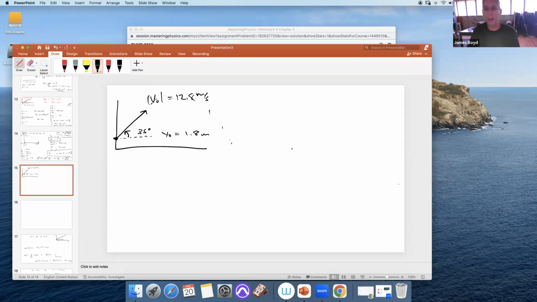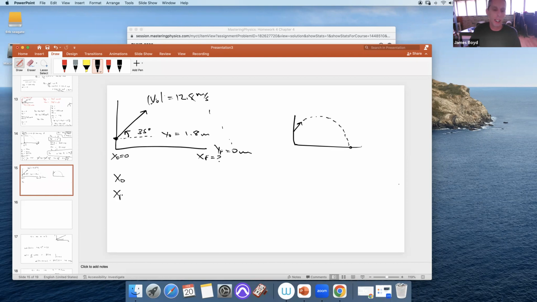So how far? We want to know how far this thing's going to go. This thing's going to leave her hand at that, and it's going to travel. Y final will be 0 meters. It's going to hit the ground. This is actually kind of a pain. X initial will be 0, and X final is unknown, but we want to know how far away.